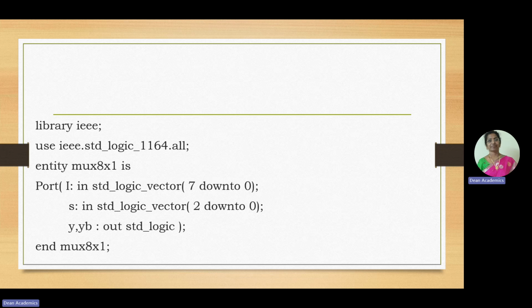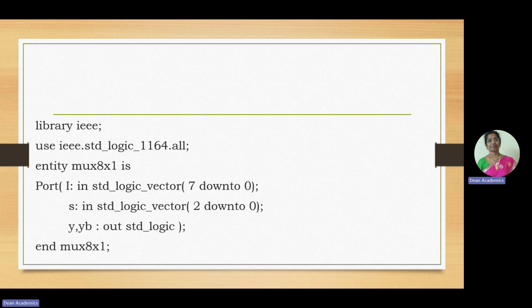For any VHDL program, we have to give a library declaration followed by an entity declaration followed by an architecture body. So library IEEE and use IEEE.std_logic_1164.all. Then the entity; here I have taken the name as MUX 8x1, because you can also write VHDL code for 16x1 MUX or 4x1, 2x1, whatever you want.